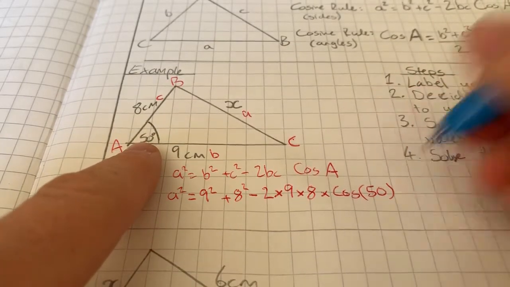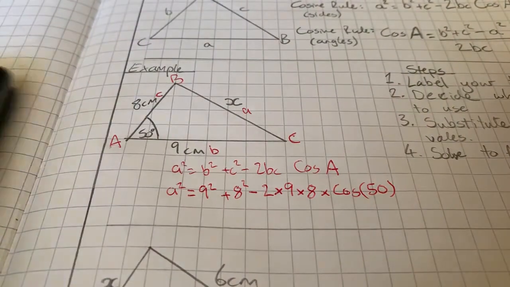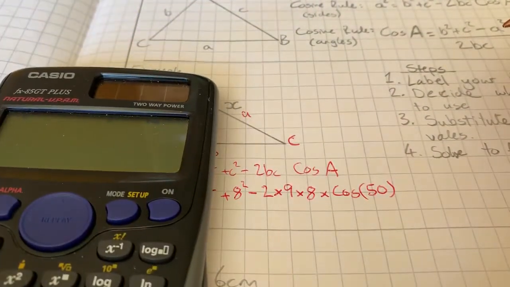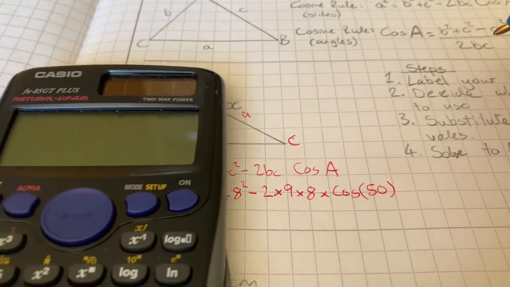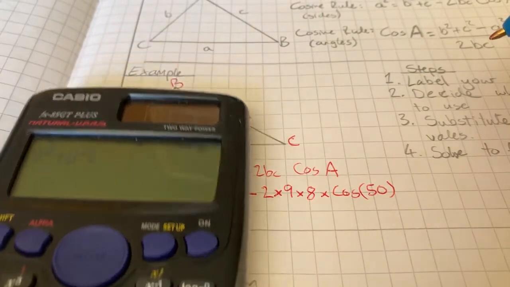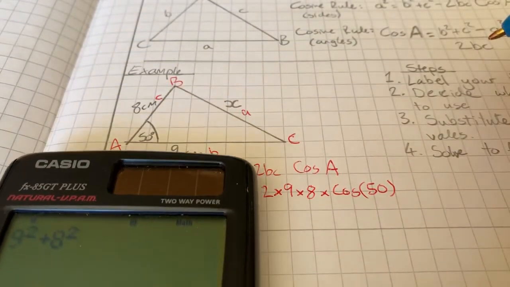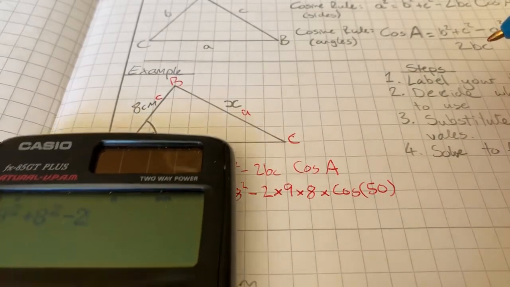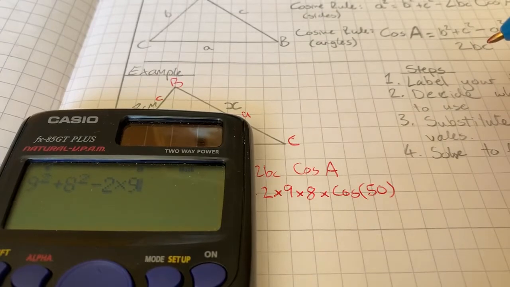Now I'm going to put brackets around that, and it'll make sense when I put it in my calculator. So I'm going to start off writing it. Start with 9 squared plus 8 squared, minus 2 times 9 times 8.